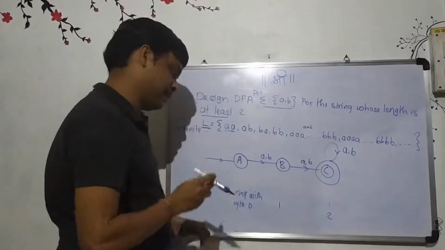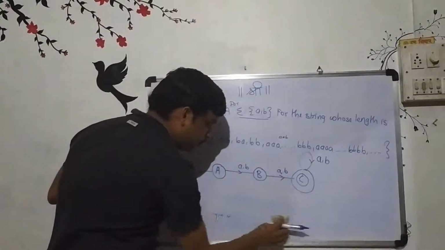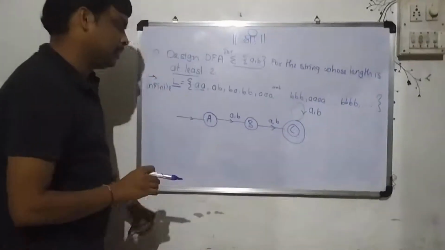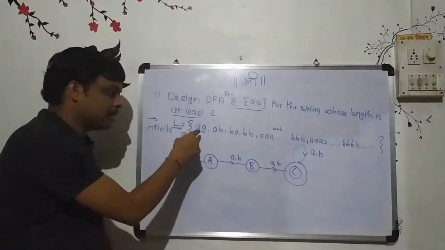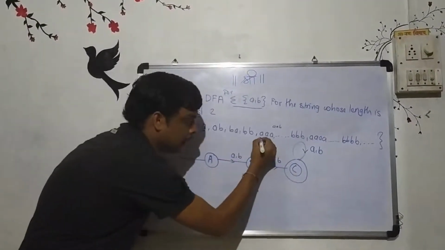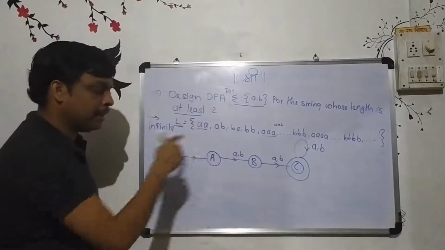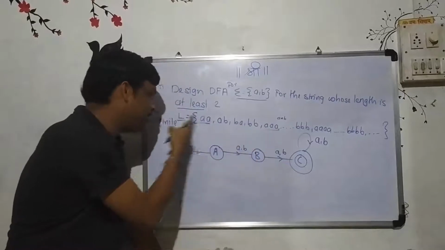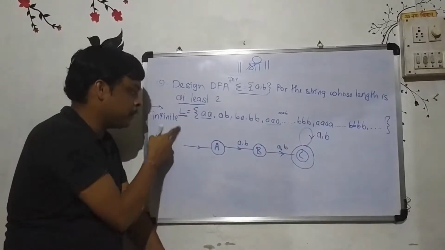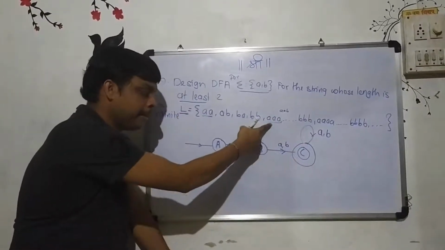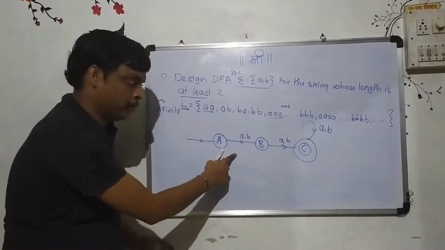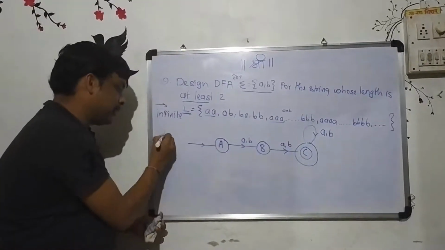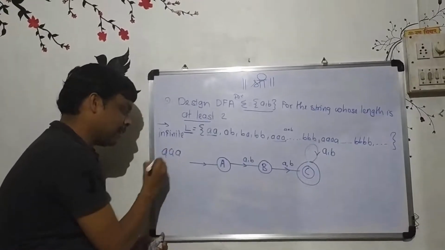For example, let us take one example. Suppose AAA. Let us verify whether AAA is accepted by this DFA or not. Now we know that AAA is there in the language, and this is a DFA of this language. So this AAA must be accepted by this finite automata. So how to verify? Input string is AAA.